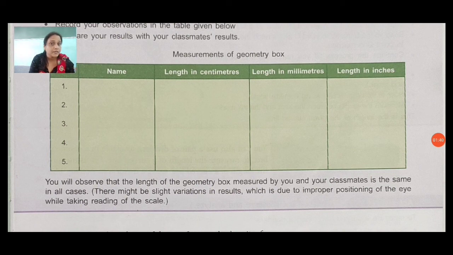Measurement from one scale to another scale is not different. So when we measure any kind of thing using the scale, then we will get the same result. You can understand more about this by doing this activity.